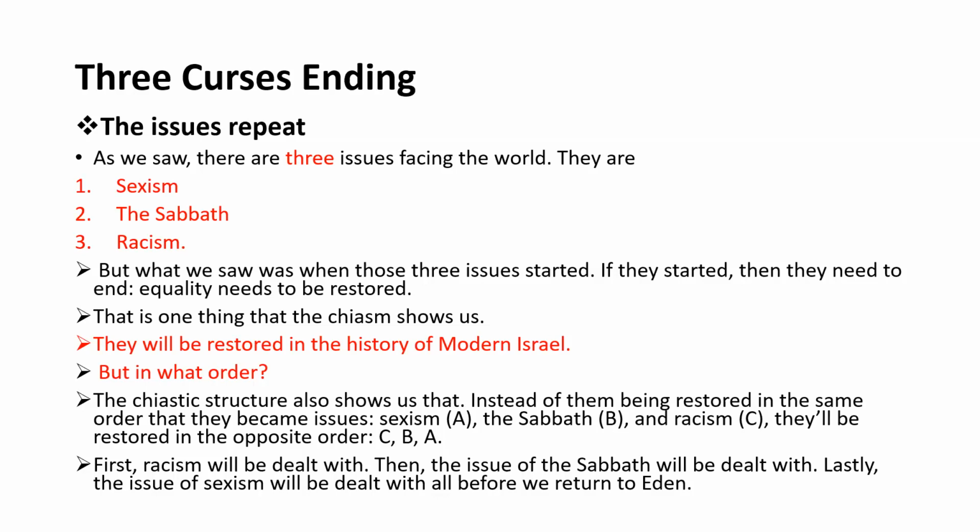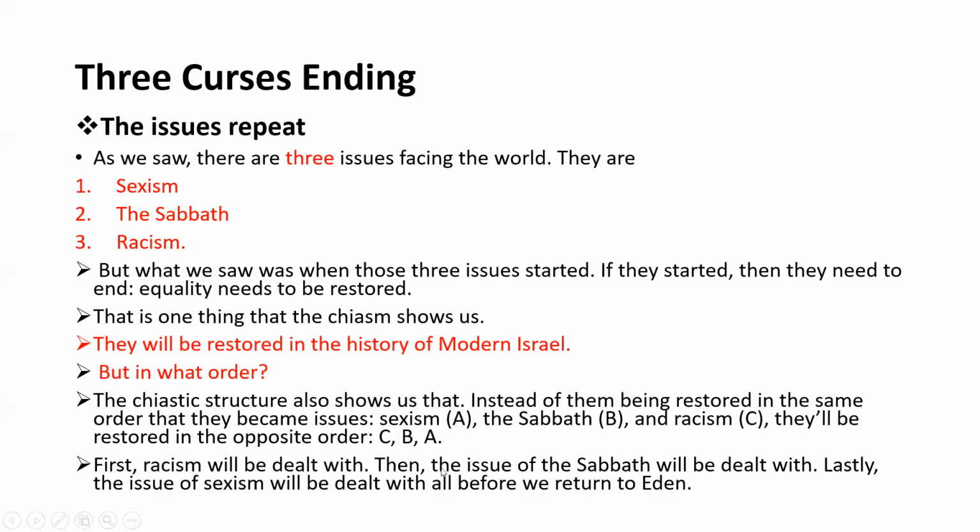So now the issue is in what order? Here I explained the structure, how it's going to be restored. We started with sexism, which I have put as an A, the Sabbath B, racism C. And when they are going to be restored, they are going to come in the opposite direction. Instead of starting with A, we are going to start with C, because C was the last one to be committed and to be pronounced a case upon.